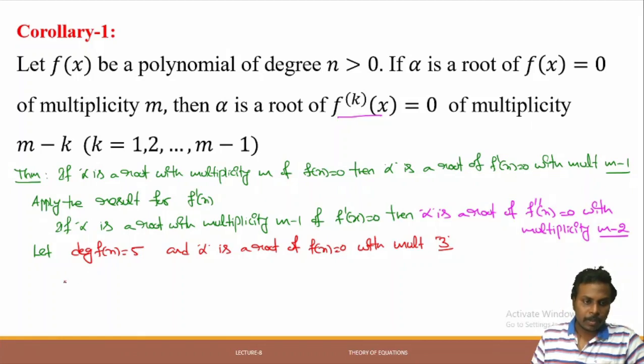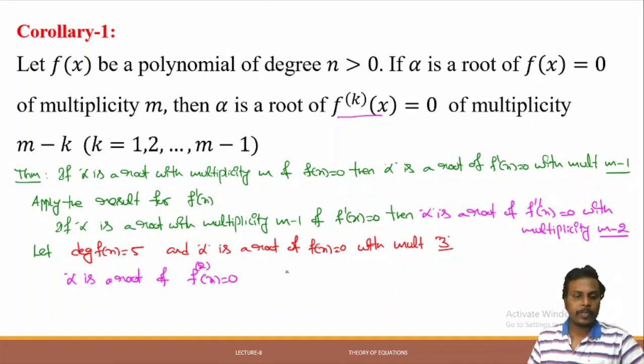Okay, so by the above corollary, alpha is a root of the kth derivative, here I will take the double derivative of f of x equal to 0 with multiplicity m, here m is 3, minus 2, that is equal to 1.